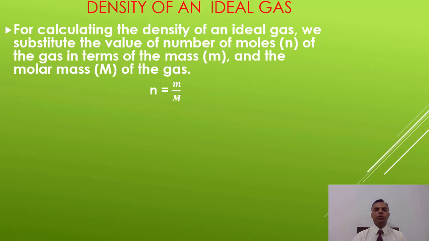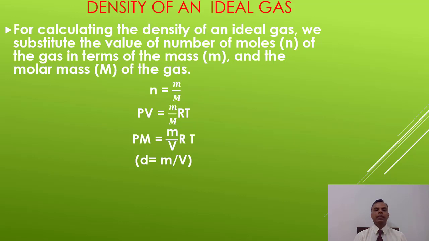If we substitute the value of n in the general gas equation, then the equation becomes PV is equal to small m over capital M into RT. By rearranging the equation, PM is equal to m over V into RT. We know that density is equal to m over V, that is density is mass per unit volume.